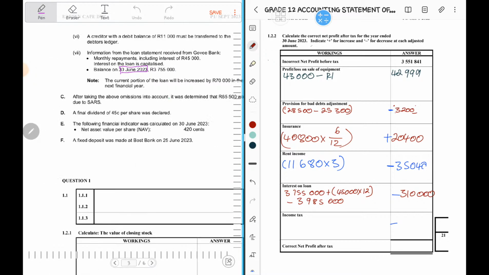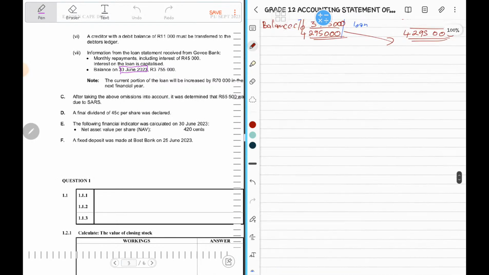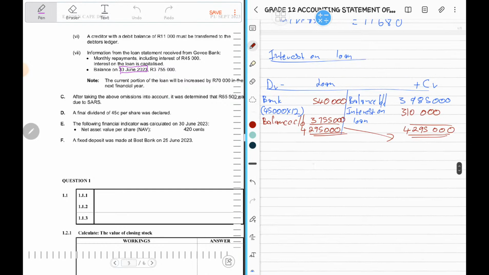Then for income tax, even on income tax, we can use the SARS income tax account. So SARS income tax, it's a liability. It increases on the credit side and it decreases on the debit side.